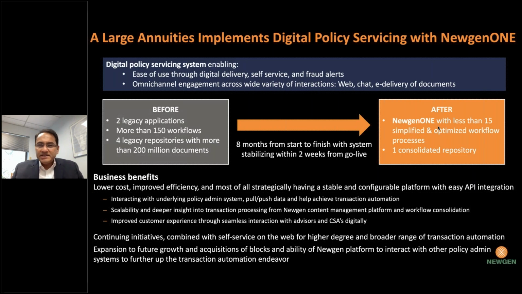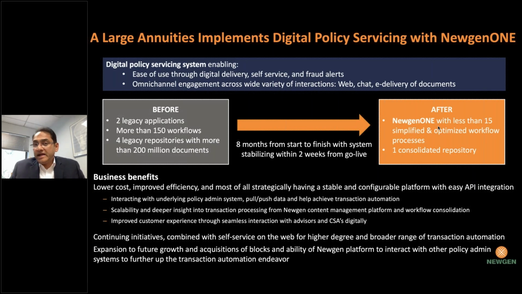And these requests are of different natures. They could be financial in nature, where somebody is sending monthly, bi-weekly or quarterly contributions to apply to their policies, or they could be non-financial in nature.